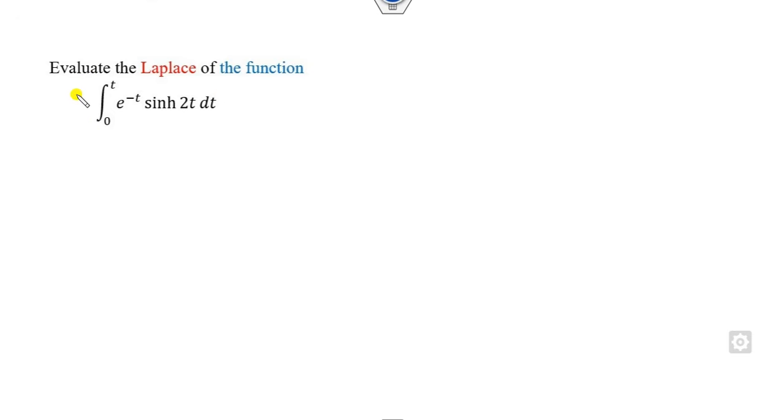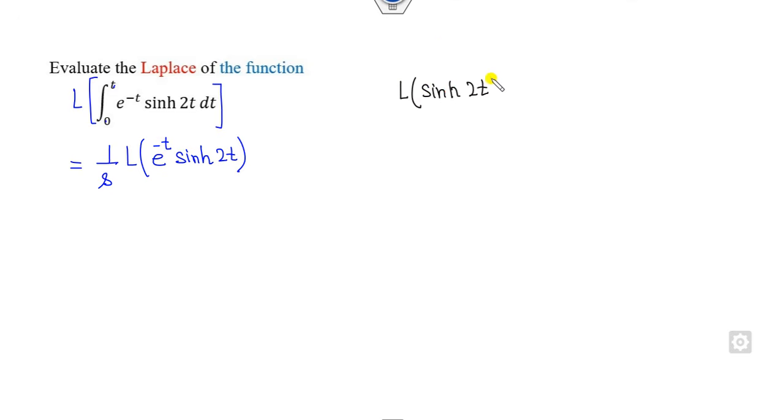Look at this second one. Your target is to find the Laplace of this. Now you can see it's from 0 to t. It's 1 over s times the Laplace of e raised to power minus t sine hyperbolic 2t. So I start with the Laplace of sine hyperbolic 2t. It will be a over s square minus a square.